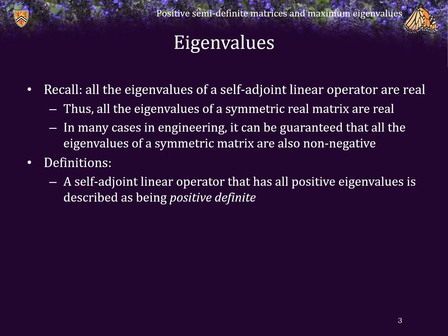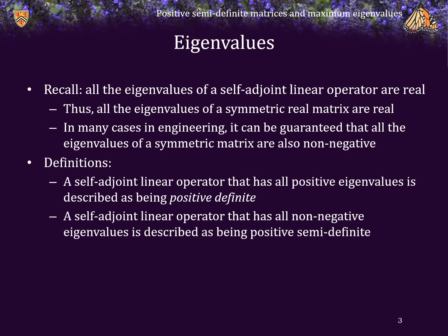A self-adjoint linear operator that has all positive eigenvalues is described as being positive definite. A self-adjoint linear operator that has all non-negative, so either positive or possibly zero eigenvalues, is described as being positive semi-definite.